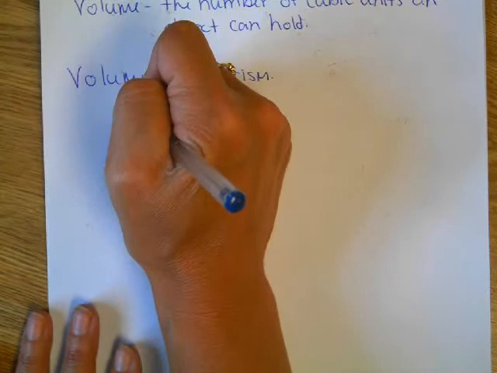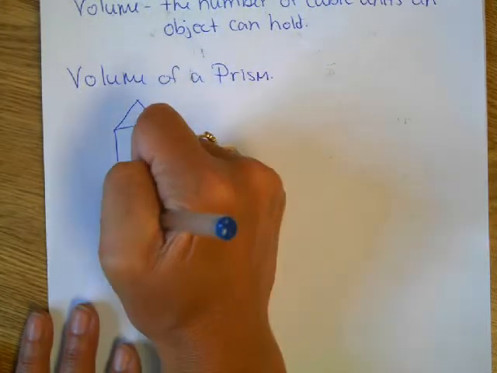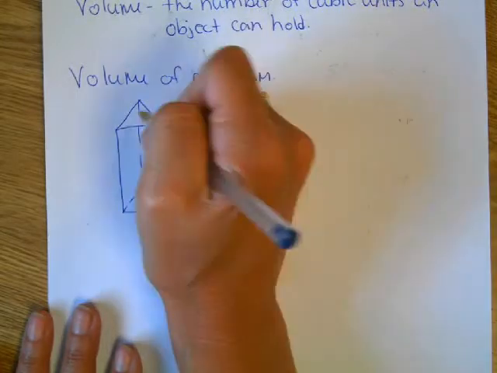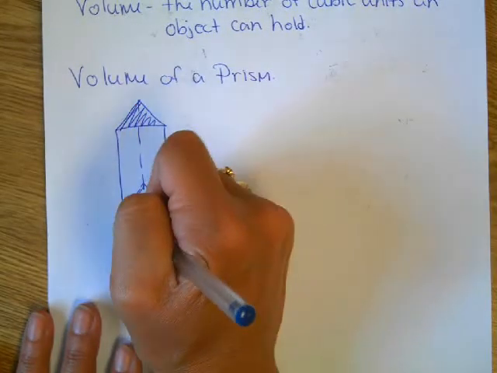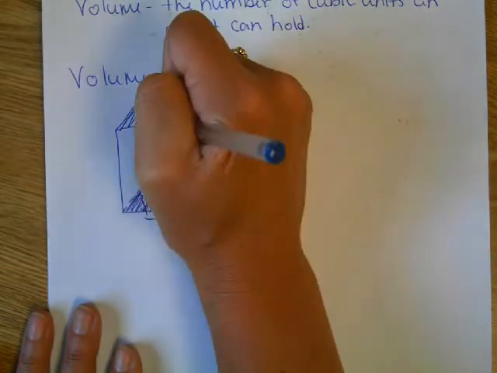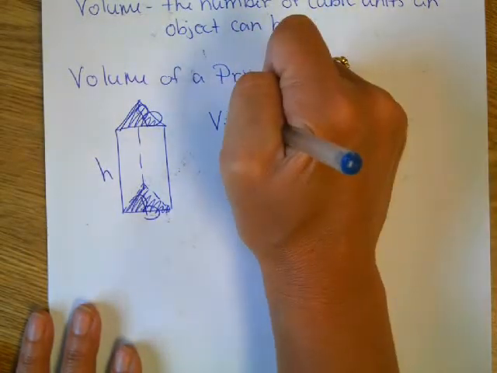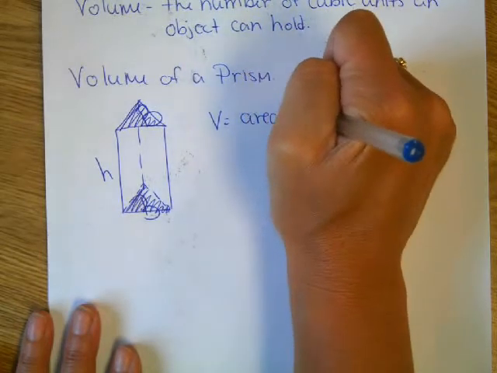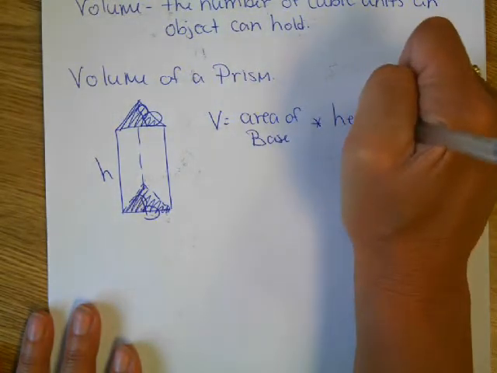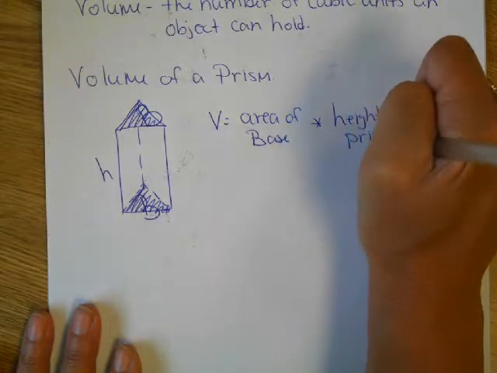So if we were to look at, say, a triangular prism, remember we got our two polygon bases, big B, and then we got our height. The volume is very easy. It's just the area of the base multiplied by the height of the prism, not the height of the triangle.